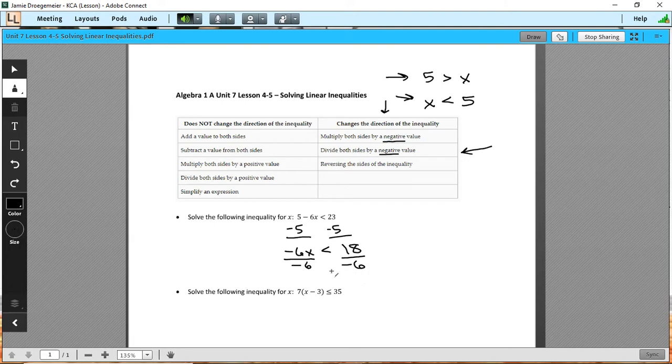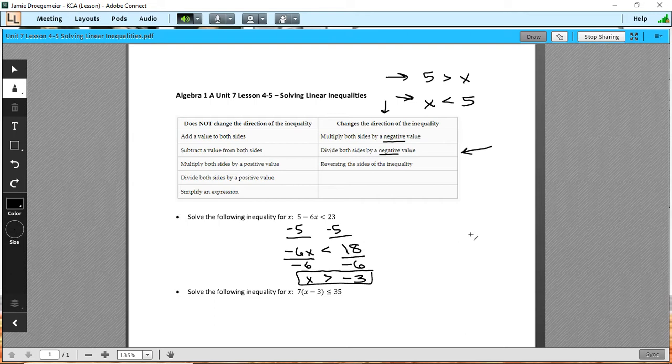When we have that, that's going to change the direction of our inequality symbol. So instead of a less than, it's going to become a greater than. So this is x, and then 18 divided by negative 6 would be negative 3. And so our solution is x is greater than negative 3.